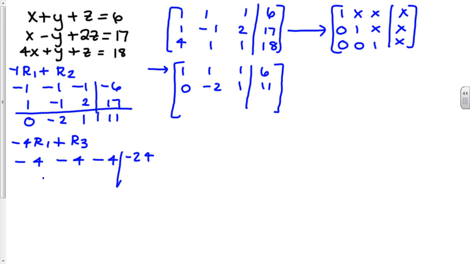Row 3, 4, 1, 1, 18. We add them together. Negative 4 and 4 is 0. Negative 4 and 1 is negative 3. Negative 4 and 1 is negative 3. Negative 24 plus 18, negative 6. So there's my new row 3.